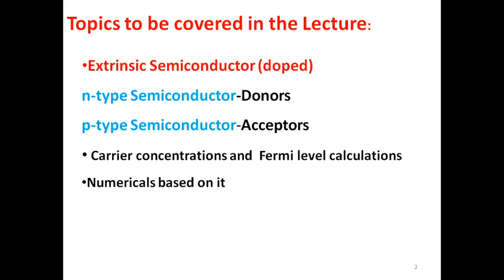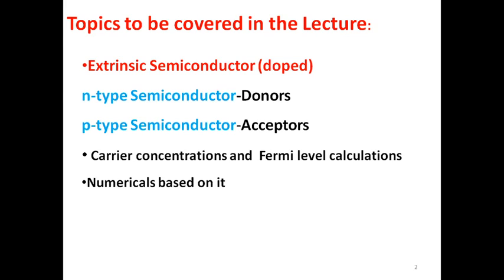Based on that we have two types: n-type semiconductor and p-type semiconductor. The n-type has donor impurities containing five electrons in their valence shell, such as antimony, bismuth, phosphorus, and the p-type has three electrons in the outermost shell, which are the acceptor impurities, such as boron, aluminium, gallium.